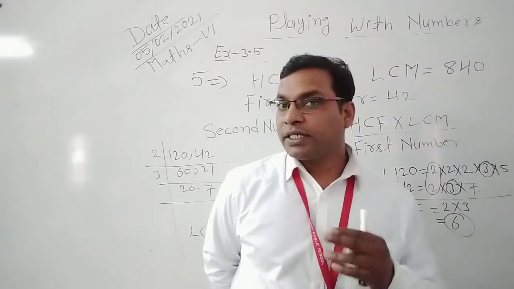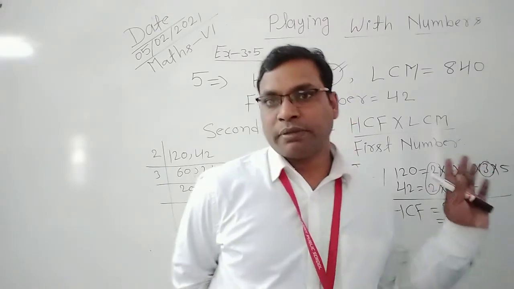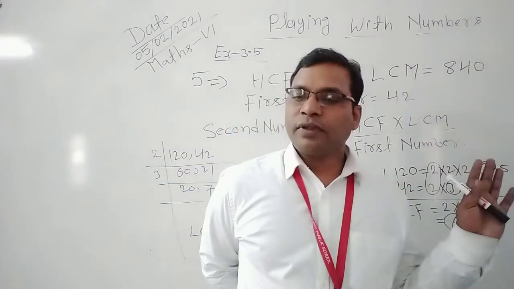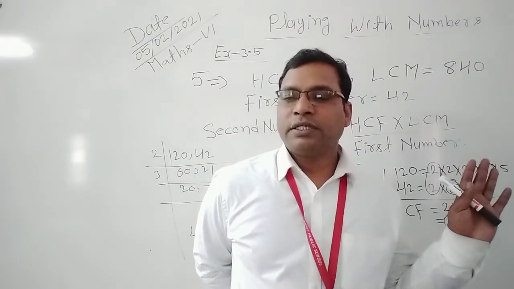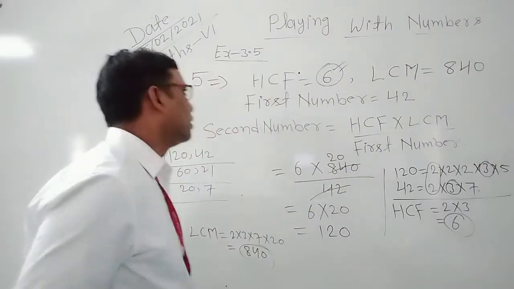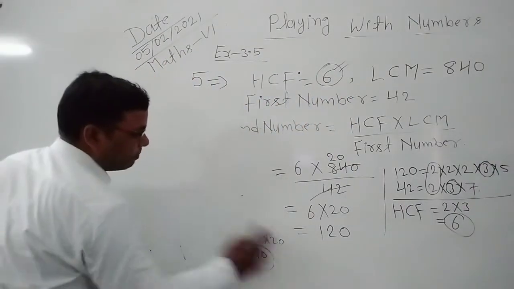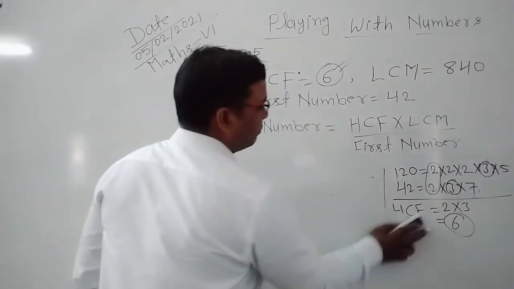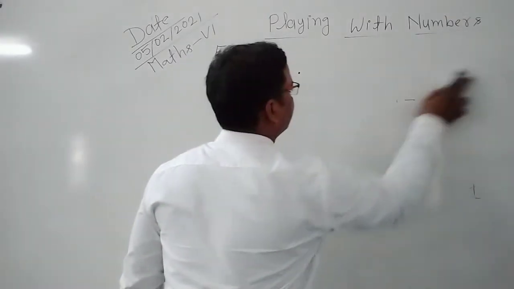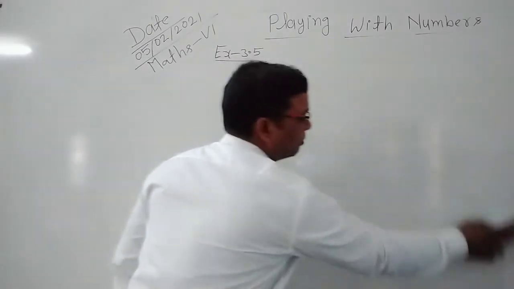After this we find the LCM by using this formula, because two numbers are given here, 198 and 78. So let's see. First we erase this. After this we solve question number 6. I hope all of you understood question number 5.